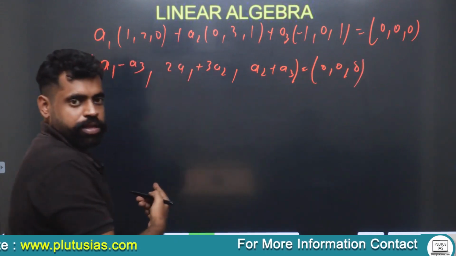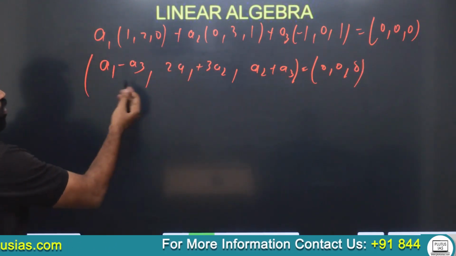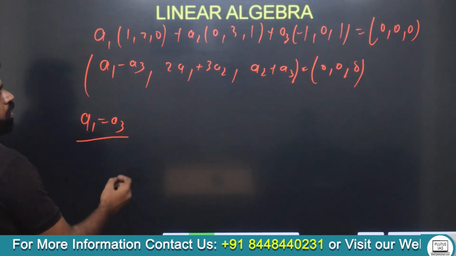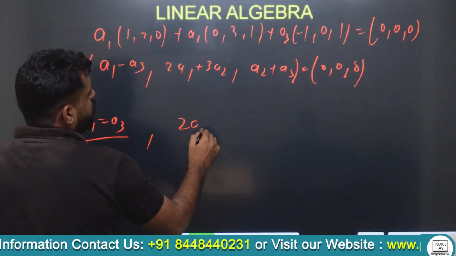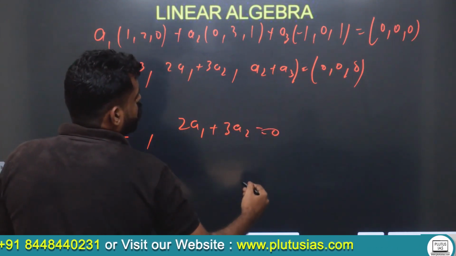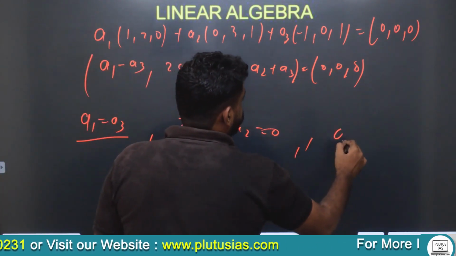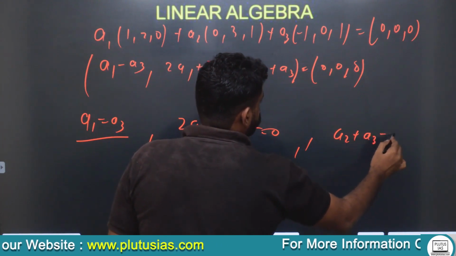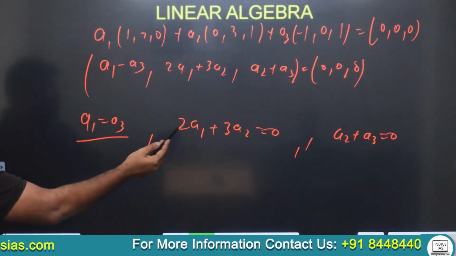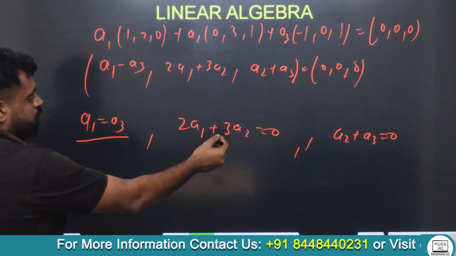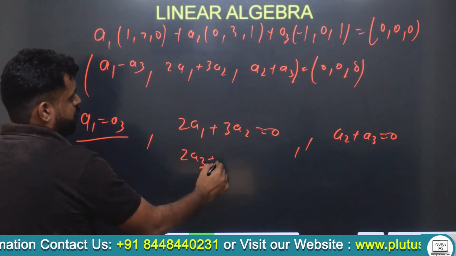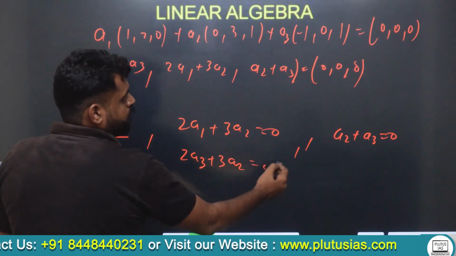This is what comes, right? Calculating it, we get A1 equal to A3. We get 2A1 plus 3A2 equal to 0, and A2 plus A3 equal to 0. Since A1 equals A3, we have 2A3 plus 3A2 equal to 0.